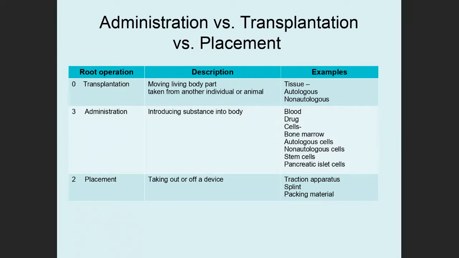Placement, on the other hand, is taking out or off a device, such as traction, splinting, or packing material. These three different root operations can be confusing, so just keep in mind, if it's tissue and it's a living body part, it's transplantation. If it's cells or drugs introduced into the body, it's administration. If it's a device, it's placement.